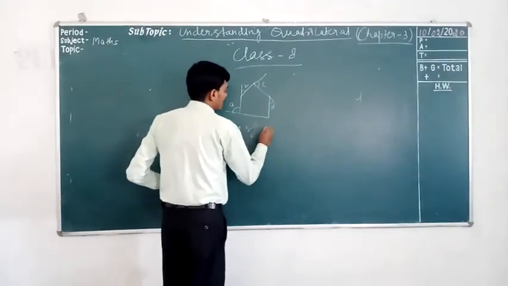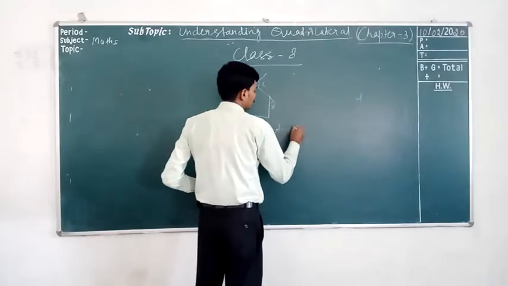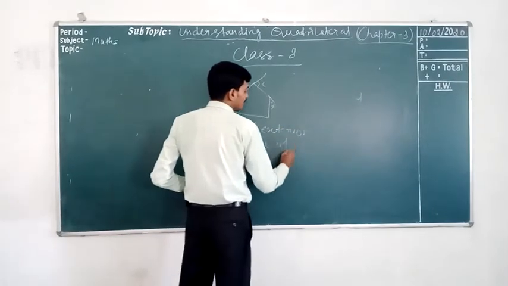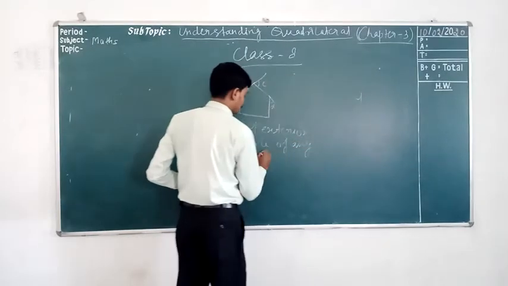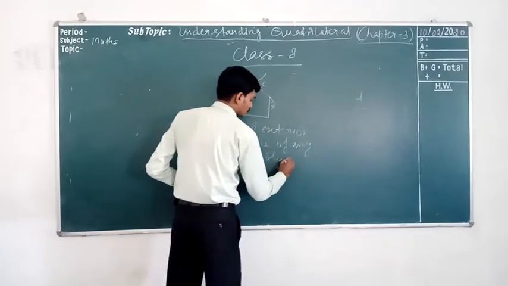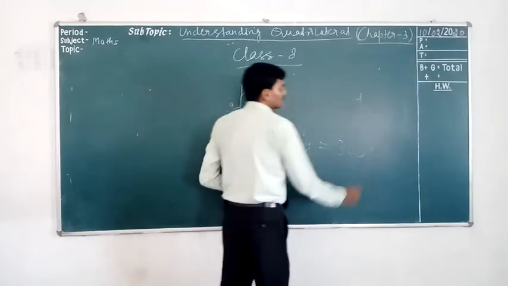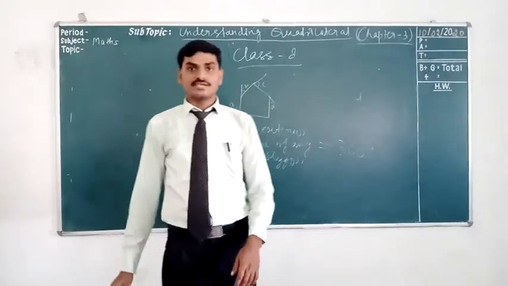The sum of exterior angles of any polygon is always 360 degrees.